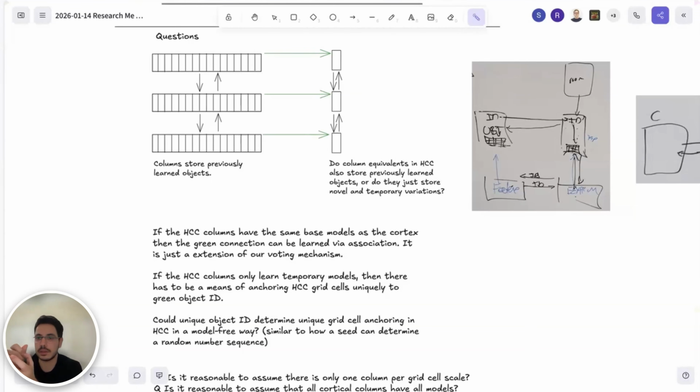Because usually, in an intersection or at a dinner table, if there's a temporary arrangement of features, you can also reach to grab the plate or do something based on it. So is there a motor output from the HCC, or do these green lines also go the other way, and that would activate some motor output from the cortex? Good questions. I have no idea the answer to that one.